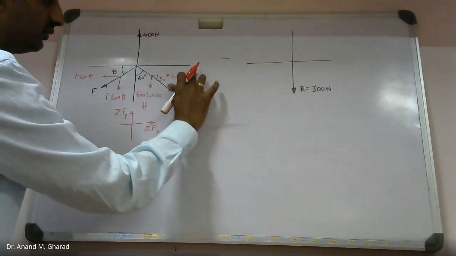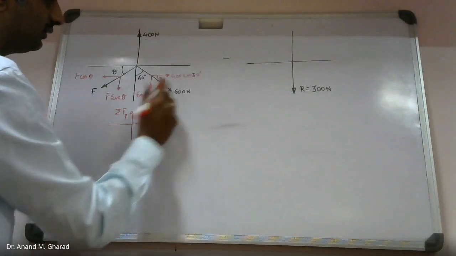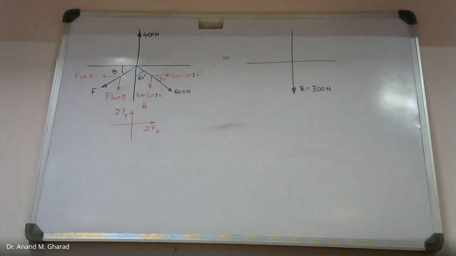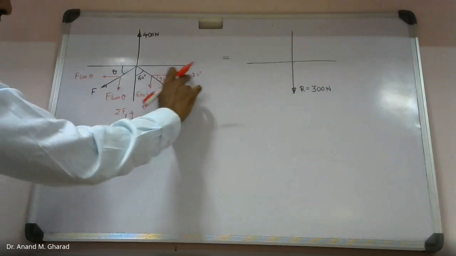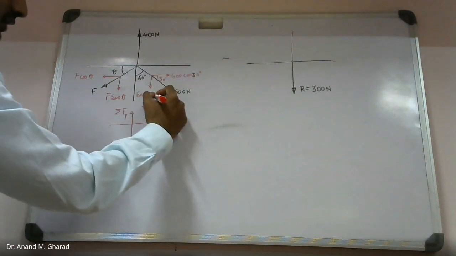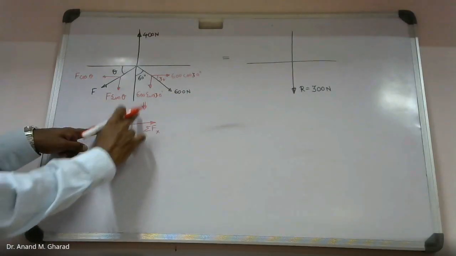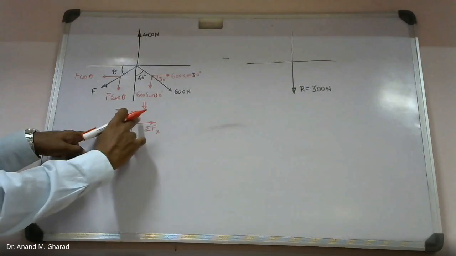Okay, so now it's okay. Cos 60, rather cos 30 and sin 30. Good. Then the equivalent force system will be like this for this.